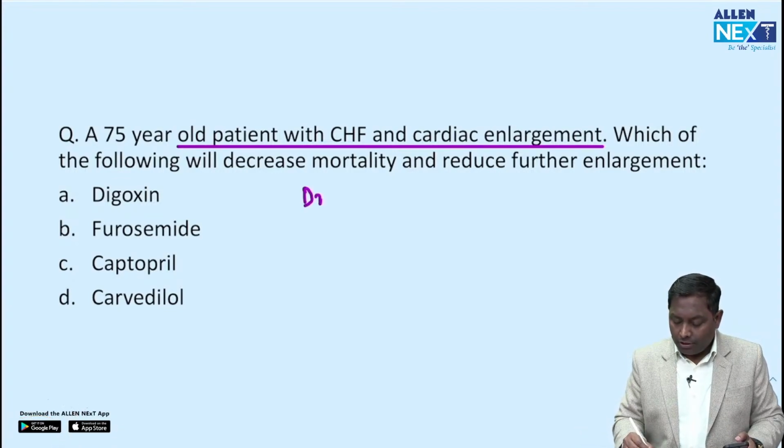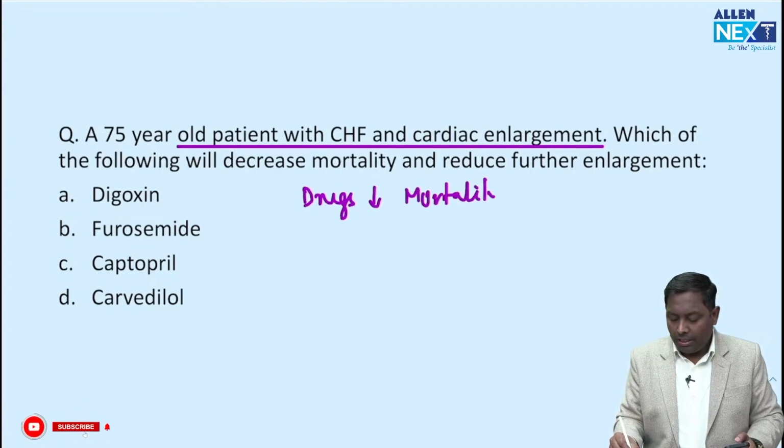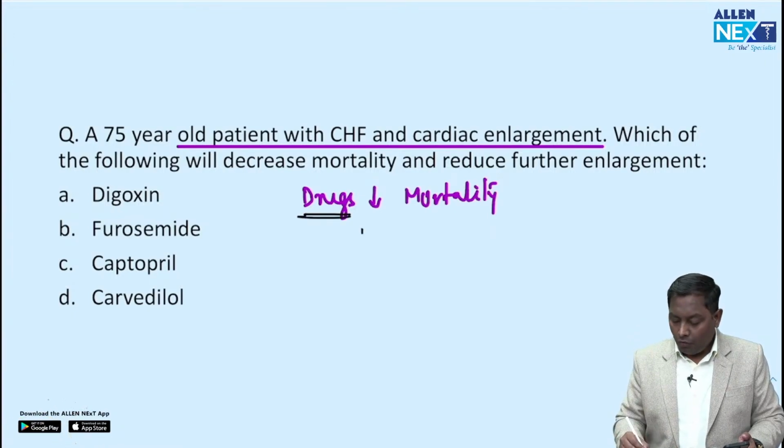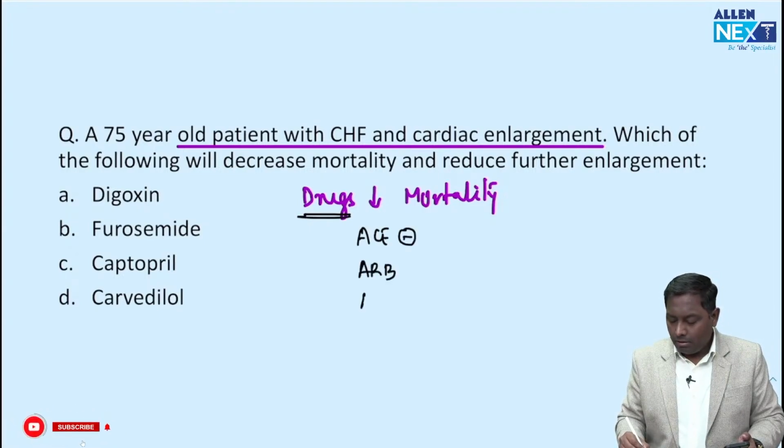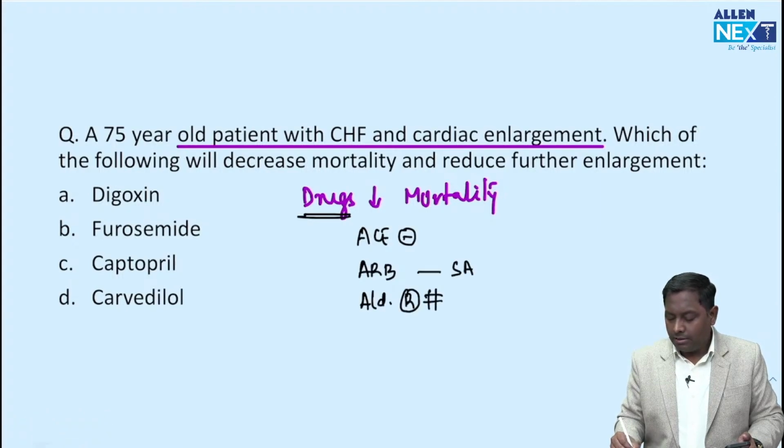Now, drugs reducing mortality. I used to tell you that, remember, as simple as we have ACE inhibitors, ARBs, aldosterone receptor blockers. ARB means all the sartans, like losartan.